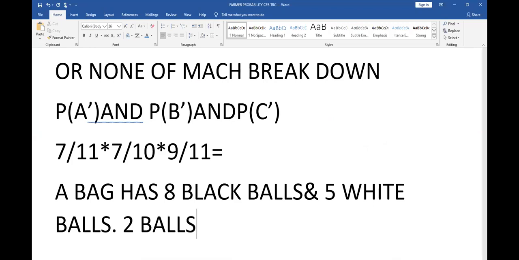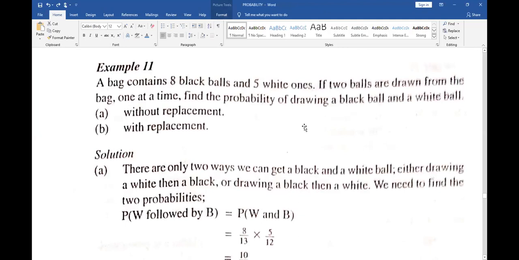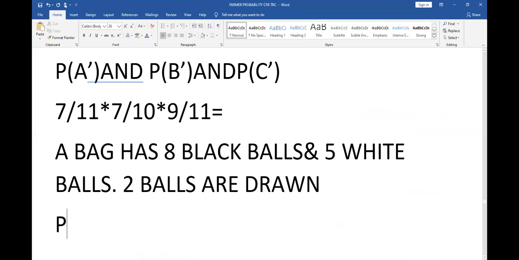To draw is to remove them. So number 1, we are being asked the probability of picking a black and a white, with replacement and without replacement. So the examiner wants the probability of picking a black ball and probability of picking a white ball with replacement.